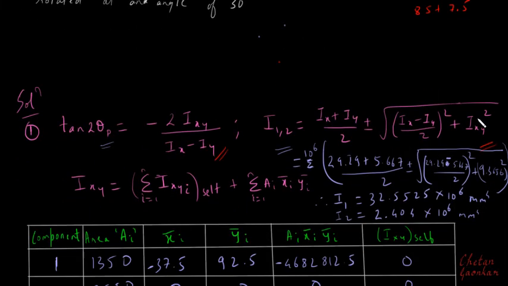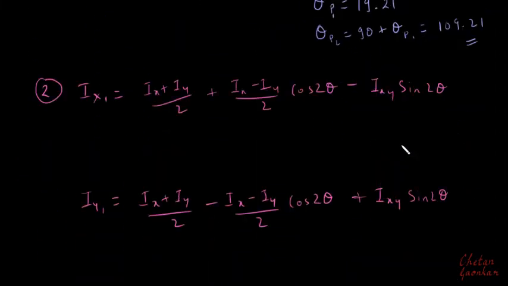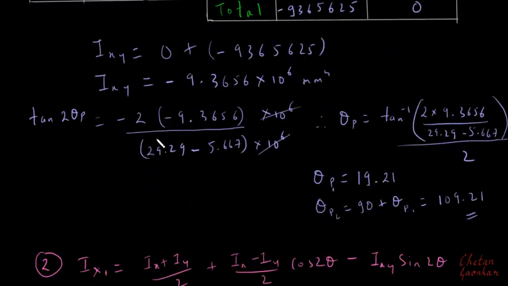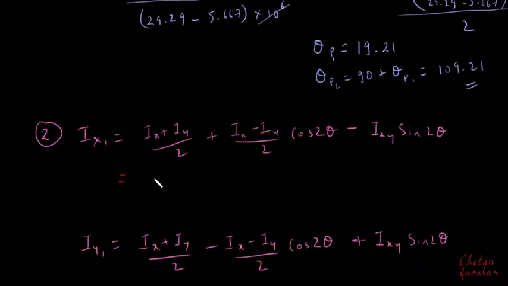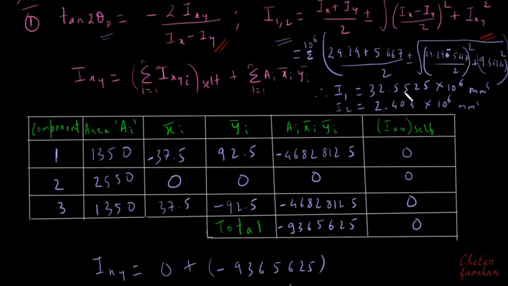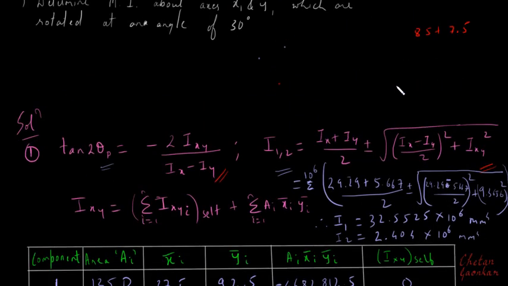For this, we have already derived the expression, and these are our expressions. We almost have all the required quantities in this. We know what Ix and Iy are. Ix is 29.29, Iy is 5.667.